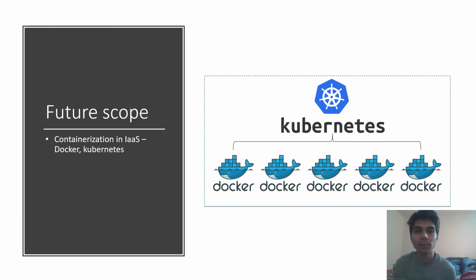Whereas containerization works on the software layer, so it does not have any interaction with the underlying hardware whatsoever. So we can create several abstraction layers, replications, and migrate these containers or container images or snapshots, as we colloquially call them, to various data centers.